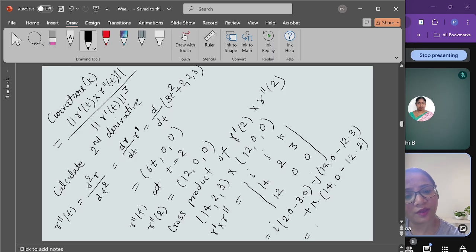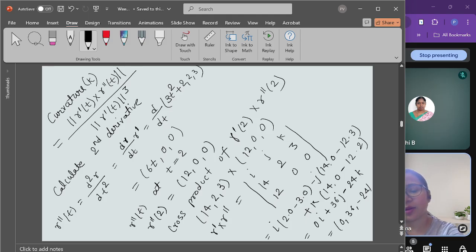So here you will get 0i plus 36j minus 24k, right? So the cross product, in this form, is 0, 36, minus 24. Okay, so now we have got this cross product here.